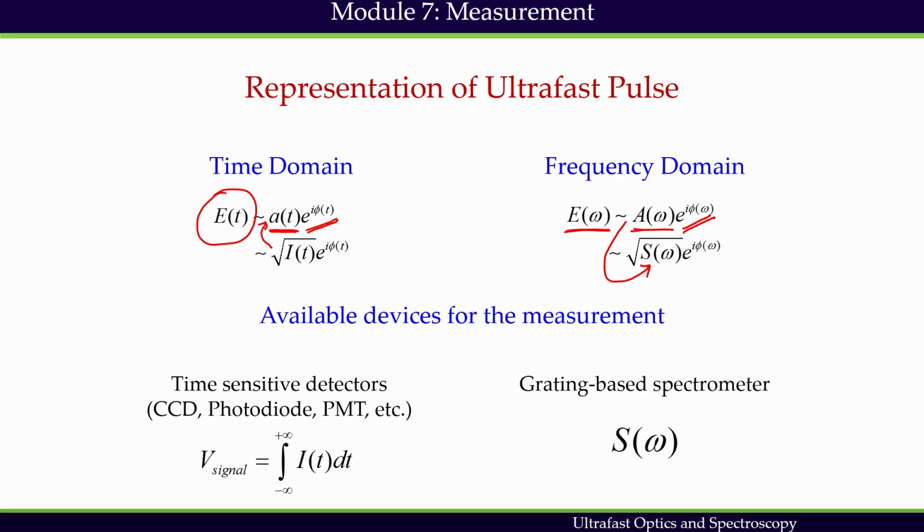Now, if we want to measure a pulse, we have to measure its intensity, this is the temporal phase, and we have to measure the spectrum, or spectrum and spectral phase.